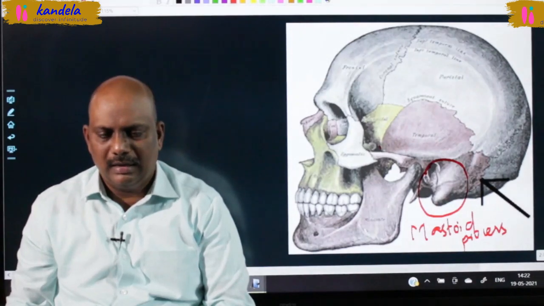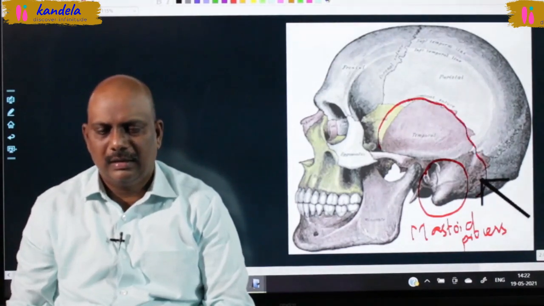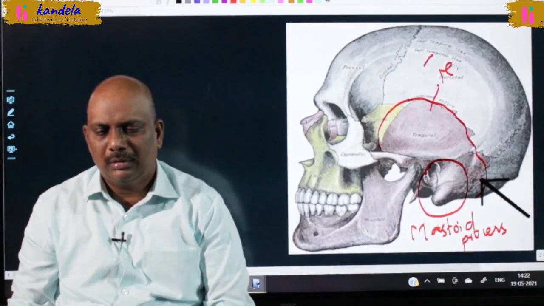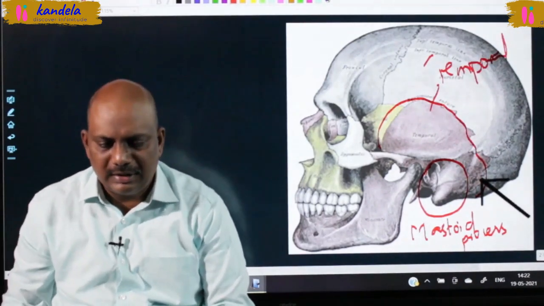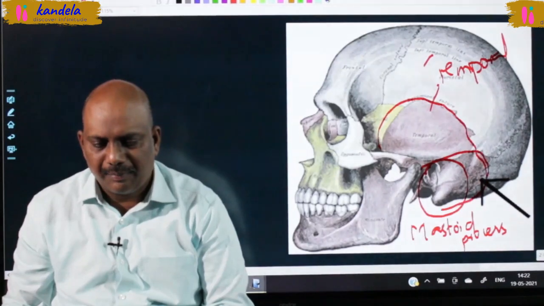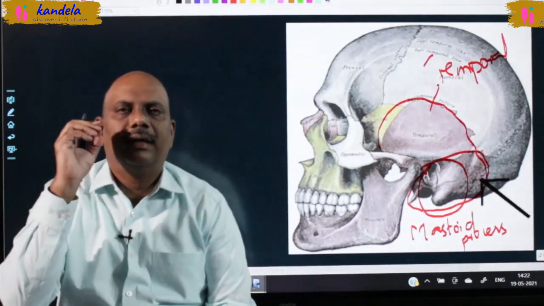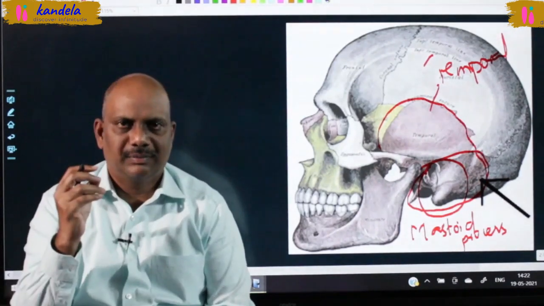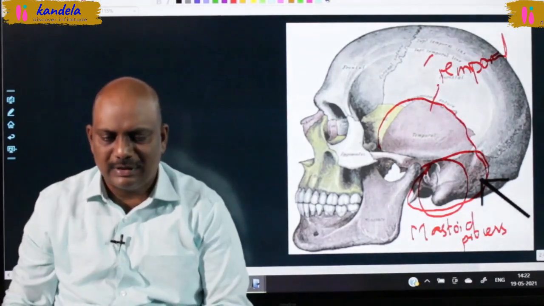This larger thing is the temporal bone, and this region is the mastoid region. Now I will show you the muscles which are attached here.